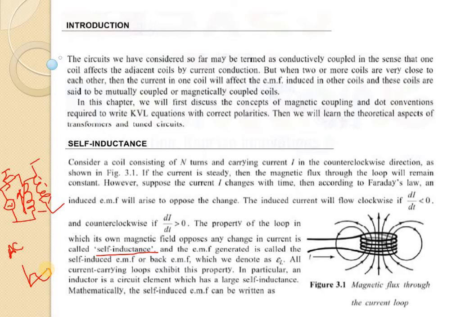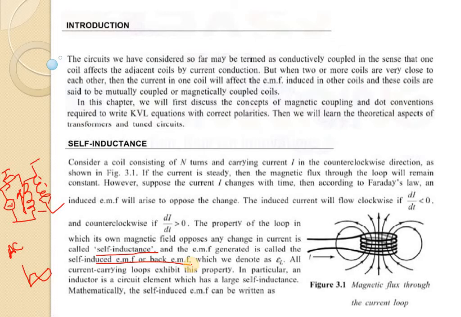This is known as self-inductance. The EMF generated is also known as self-induced EMF or back EMF, which we denote as EL. All current loops exhibit this property.